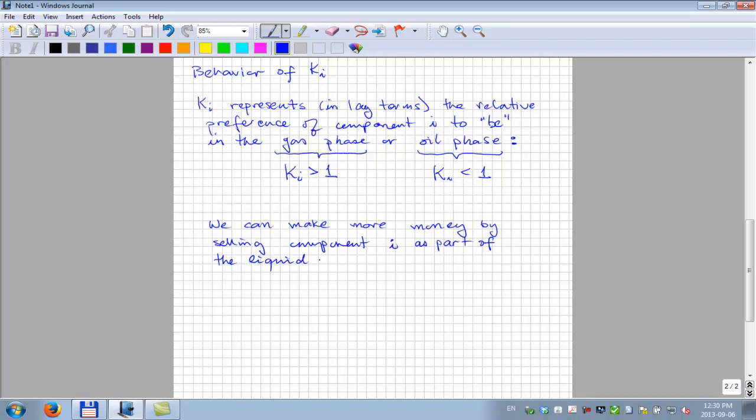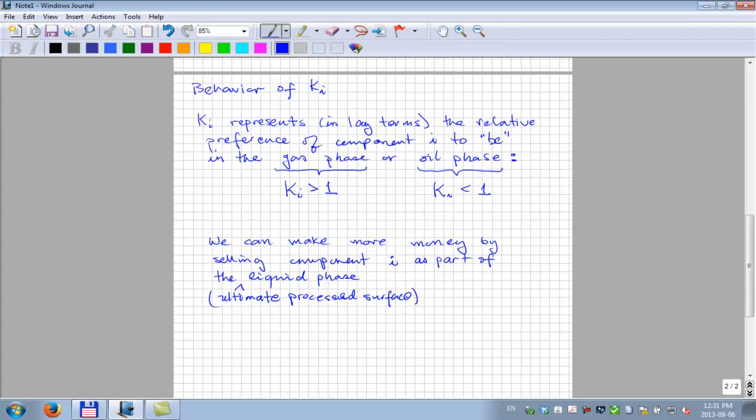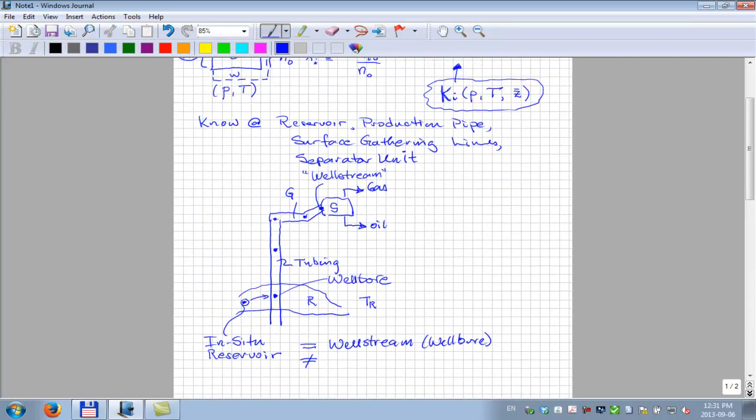And I would say not just the liquid phase, but the ultimate, at the end of all processing, the ultimate processed surface liquid phase. If we can keep that component in the liquid as it is processed down to this ultimate surface phase, in other words, we're going to do stuff with these streams that ultimately leads to a stock tank barrel.